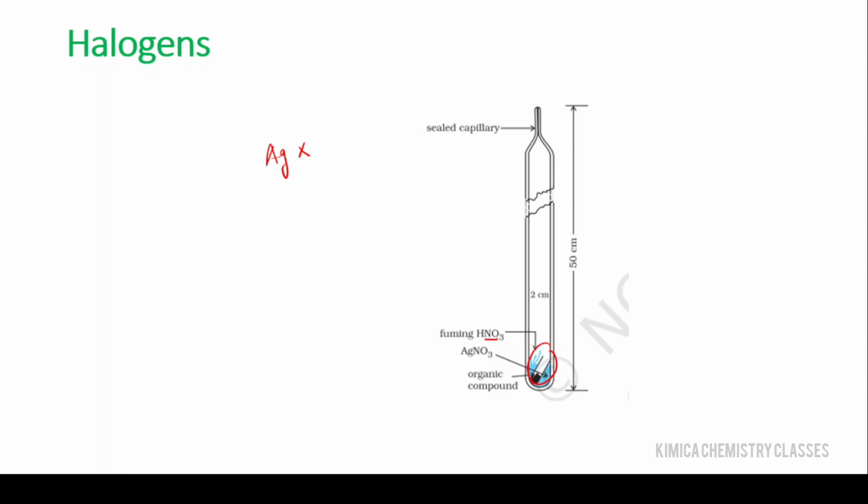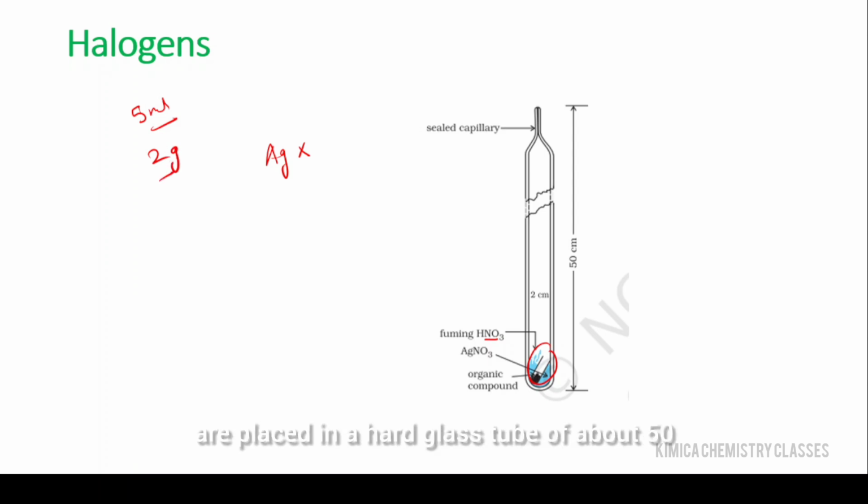The Carius method is like this: about 5 ml of fuming nitric acid and 2 grams of silver nitrate crystals are placed in a hard glass tube of about 50 centimeter in length and 2 centimeter in diameter.